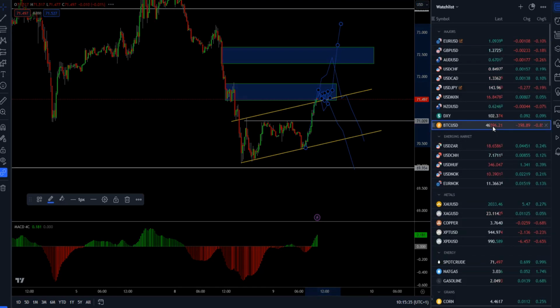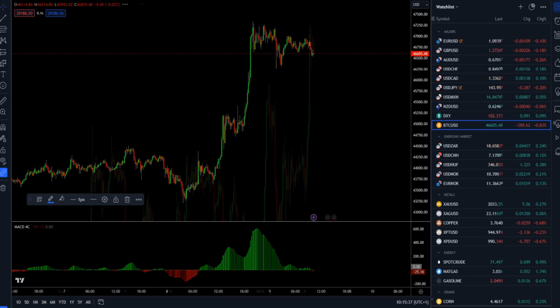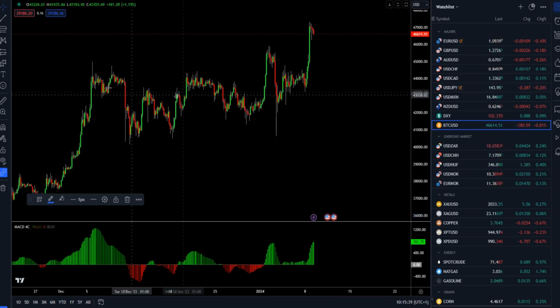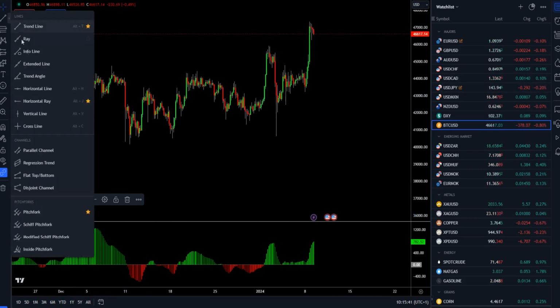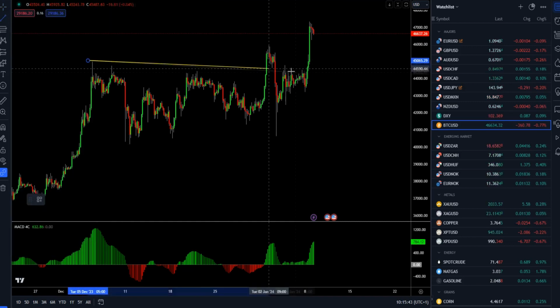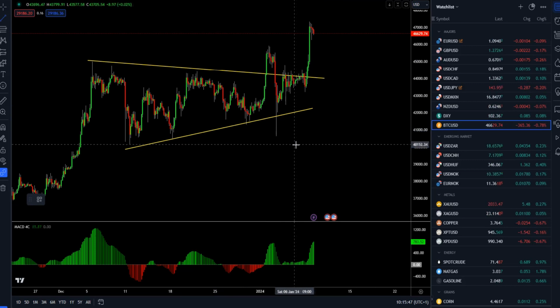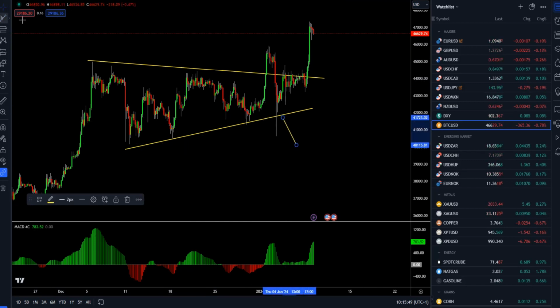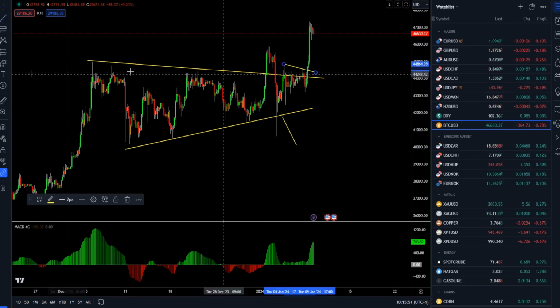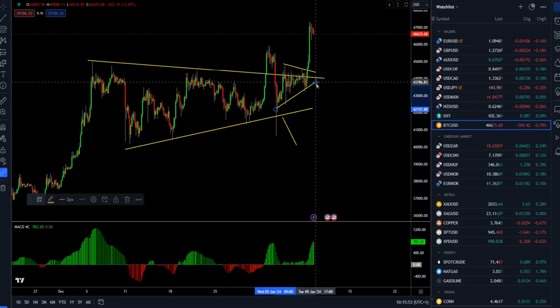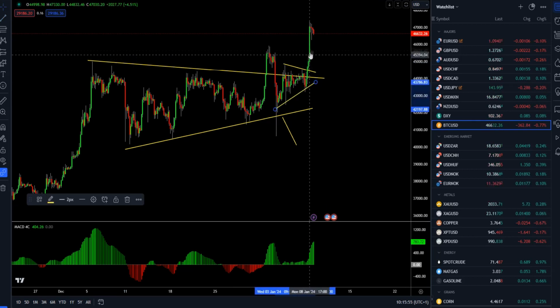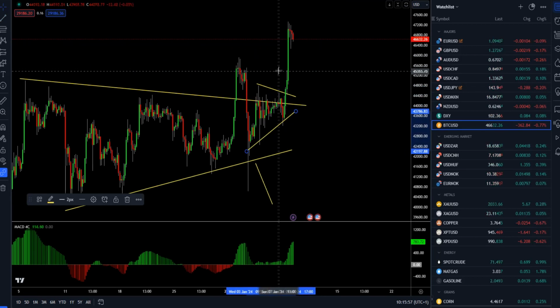Speaking of the Bitcoin versus US dollar, we can see that we had a re-break of this consolidation. So market sold off, but then we had a big reaction from buyers, and the market had a breakout yesterday of this consolidation.